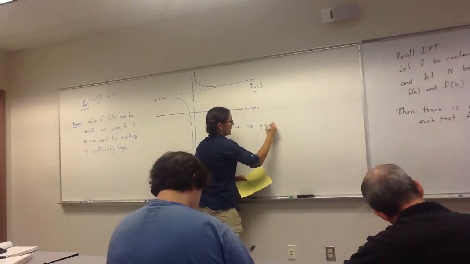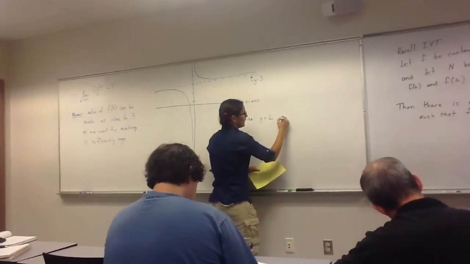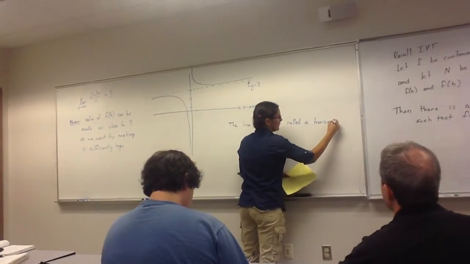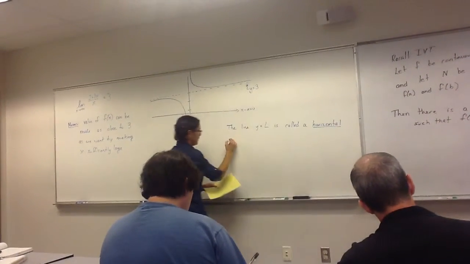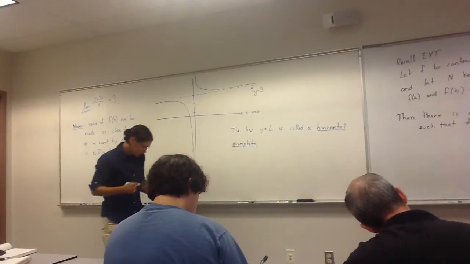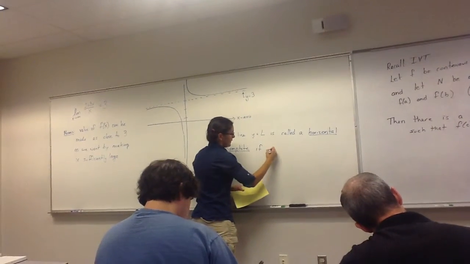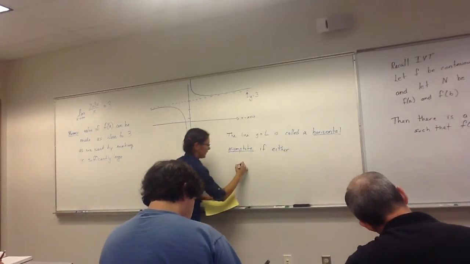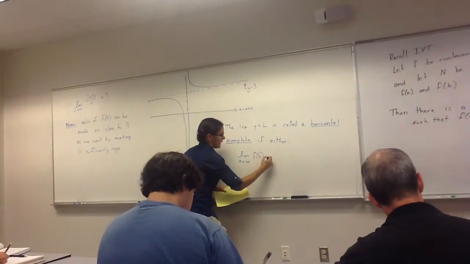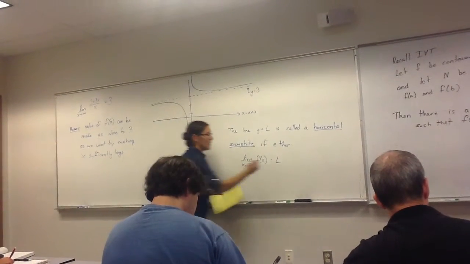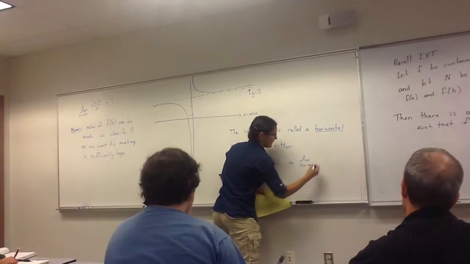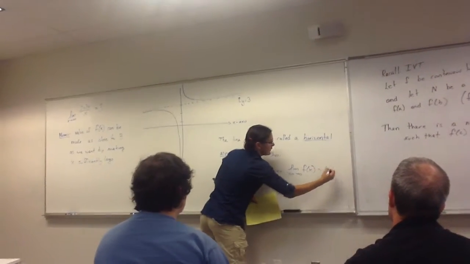The line y equals L is called a horizontal asymptote if either the limit as x approaches infinity of f of x is equal to L, or the limit as x approaches negative infinity of f of x is equal to L.